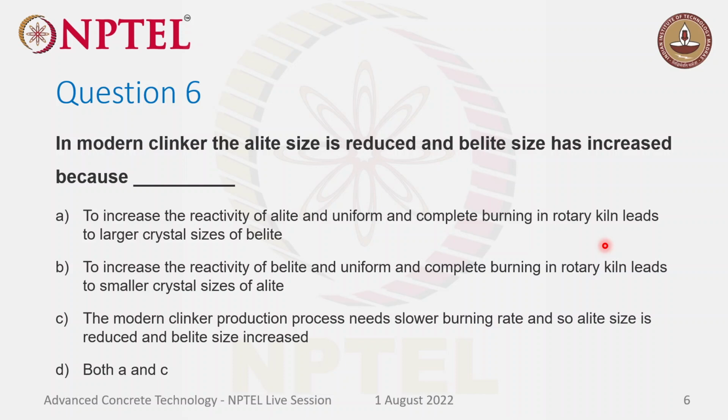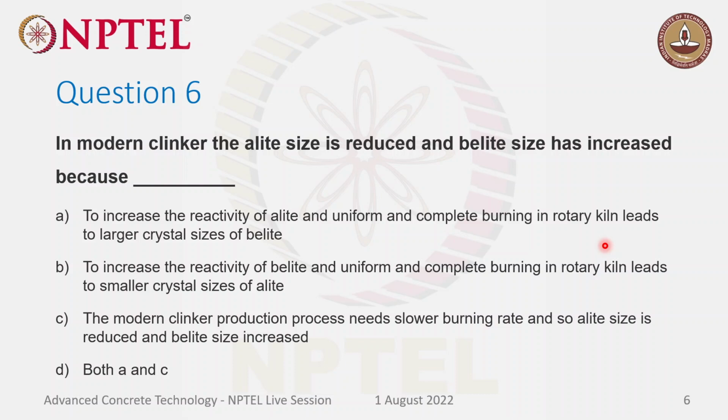I've already launched this question in the poll so that you should now be able to give your answer in polls. If you are not able to, you can type in the chat box. If some people find it hard to read, I'll read out the options A to D. Option A is to increase the reactivity of halite, and uniform and complete burning in rotary kiln leads to larger crystal size of halite.